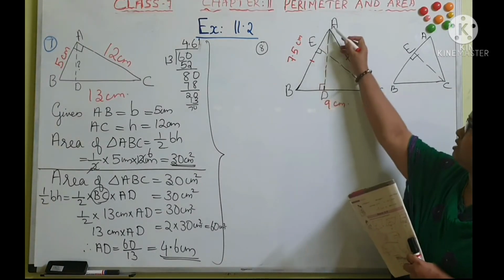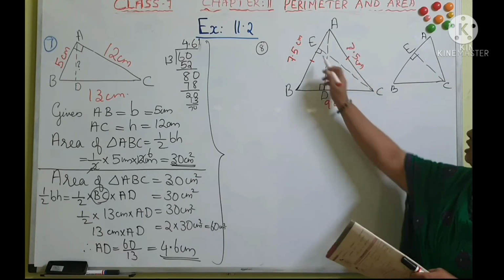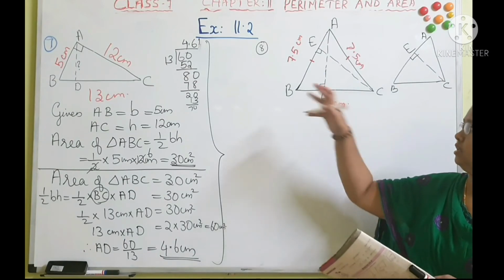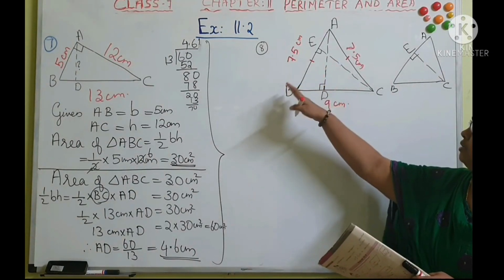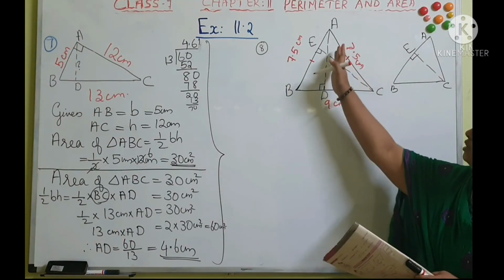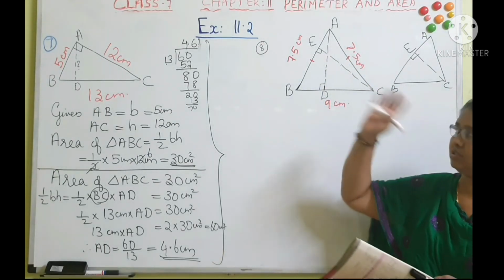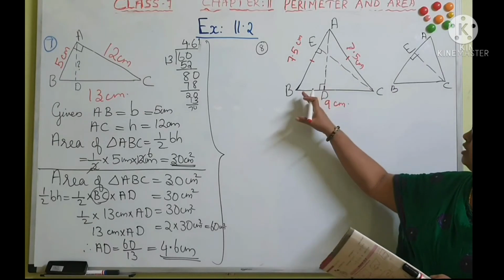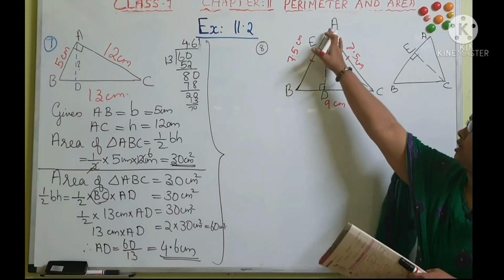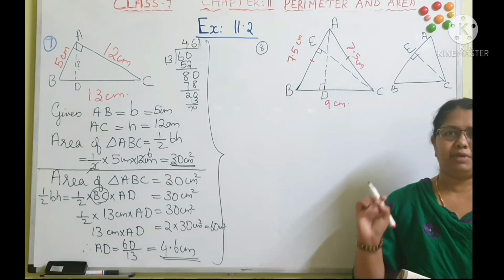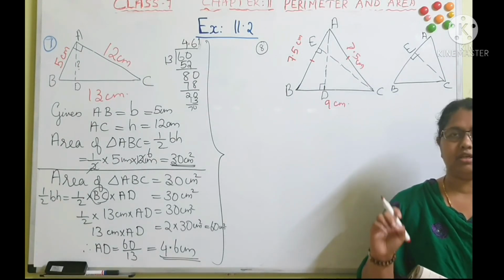In this side AB, CE is the height, but it is not given. So we cannot find the area using AB. And we cannot take AC also as the base because the height is not given. Then take BC as the base. Then height AD to BC is given.